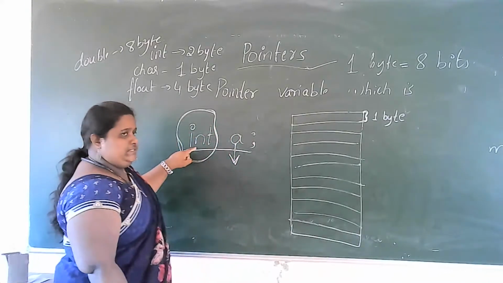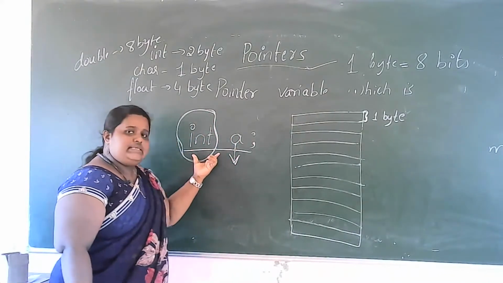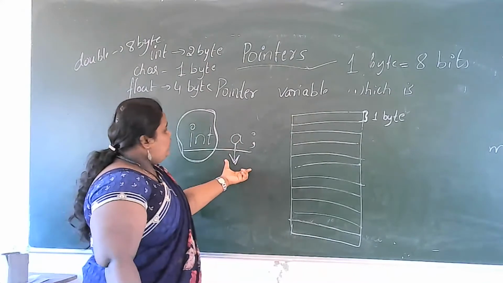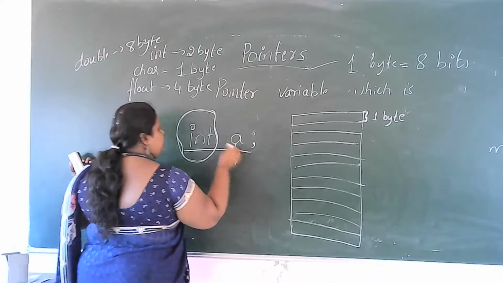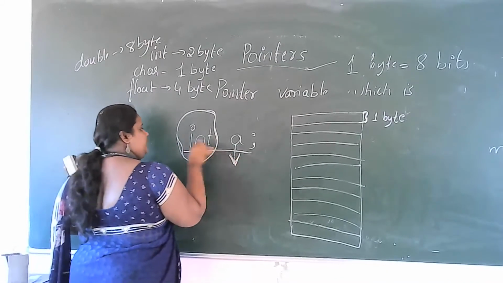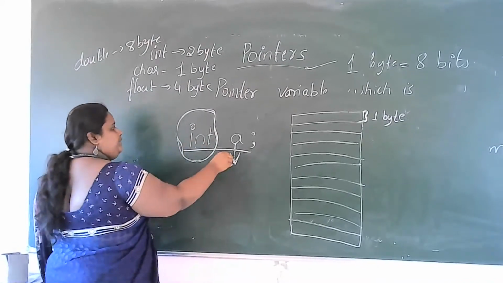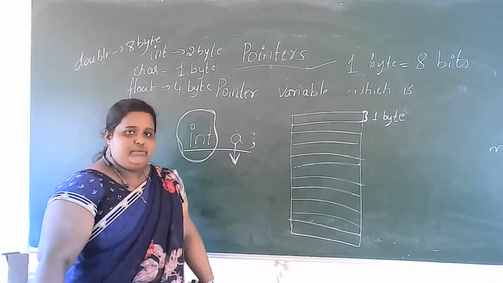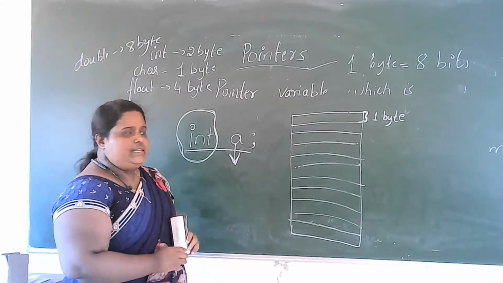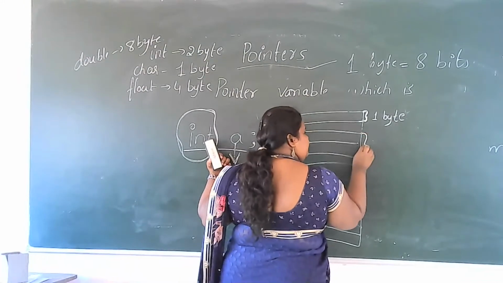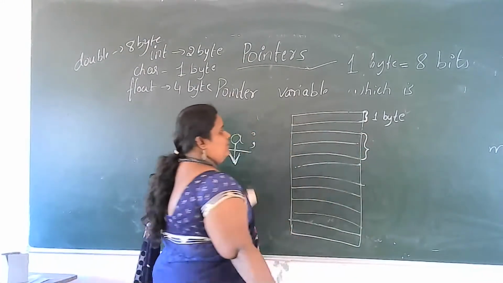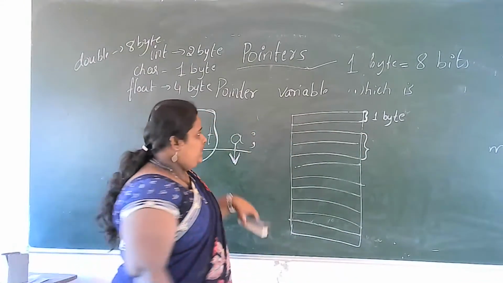Whenever the statement is executed, the memory is allocated for your a. Here a is of type integer, which means 2 bytes will be allocated for your variable a. Suppose this location has been allocated for your a.